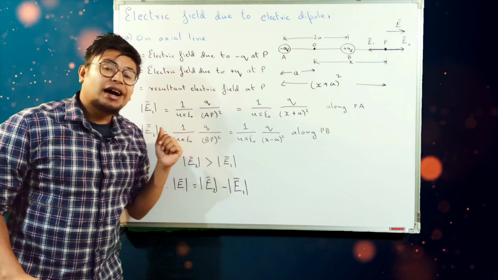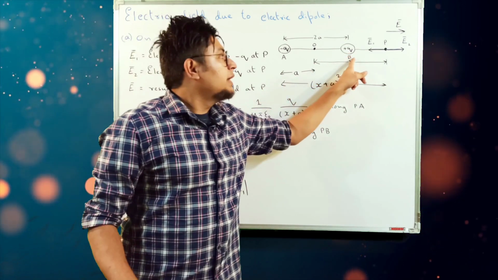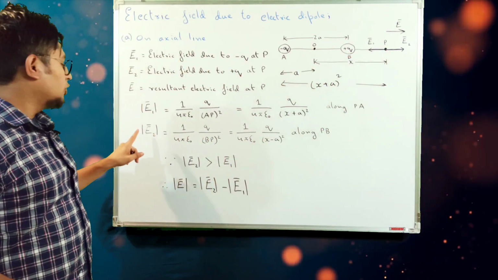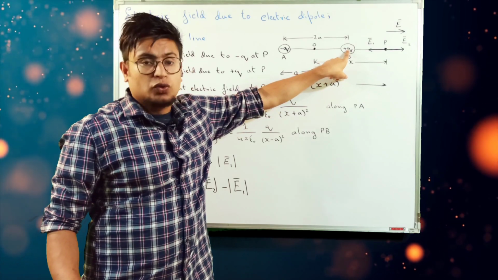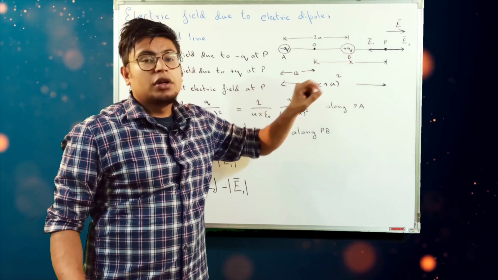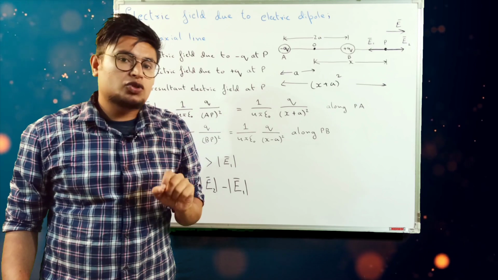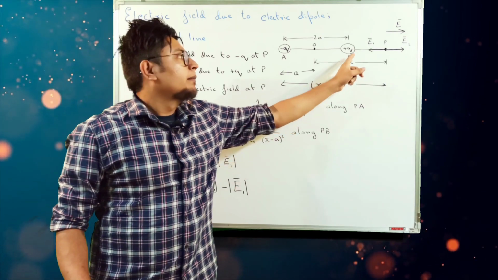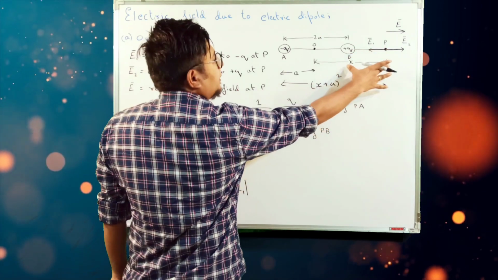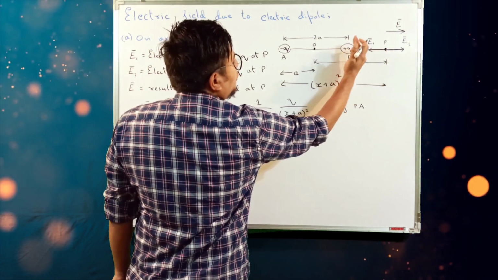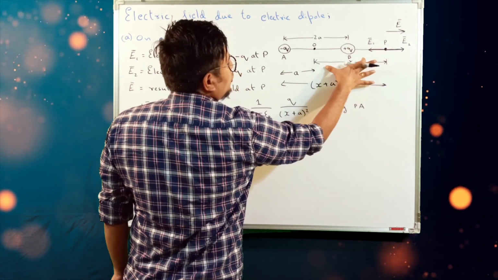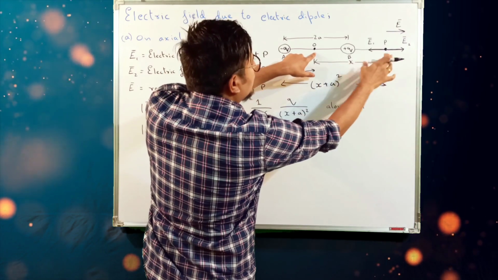So in this case, R square will be your BP square, since E2 is the electric field produced by plus Q at point B. What will be BP square? It becomes this distance, which is this total distance from the origin O, how much?